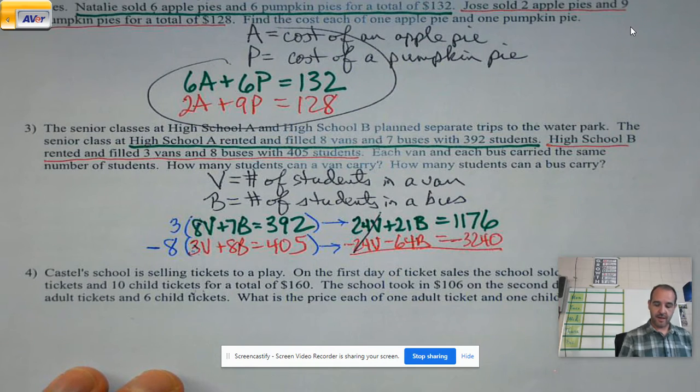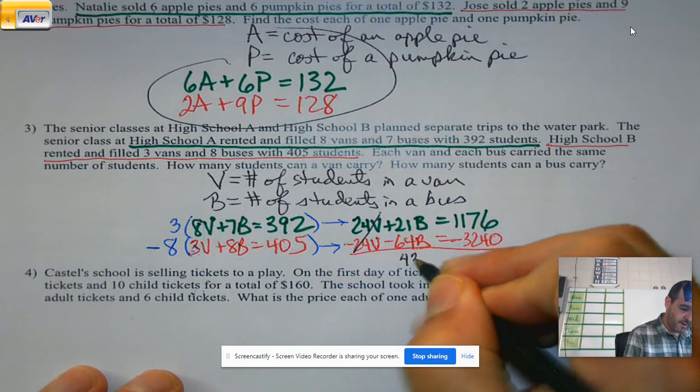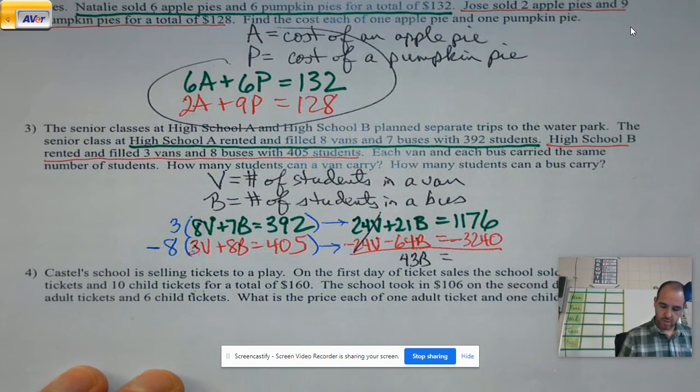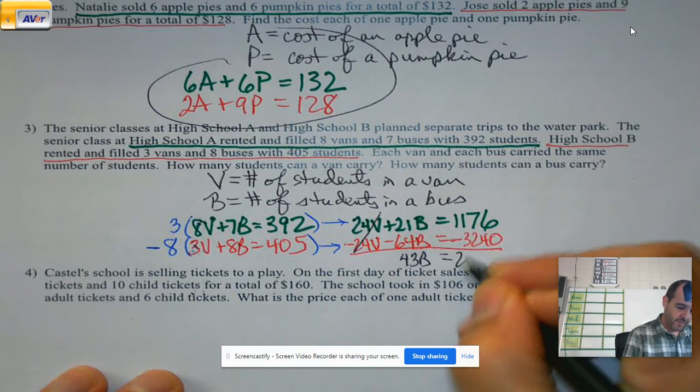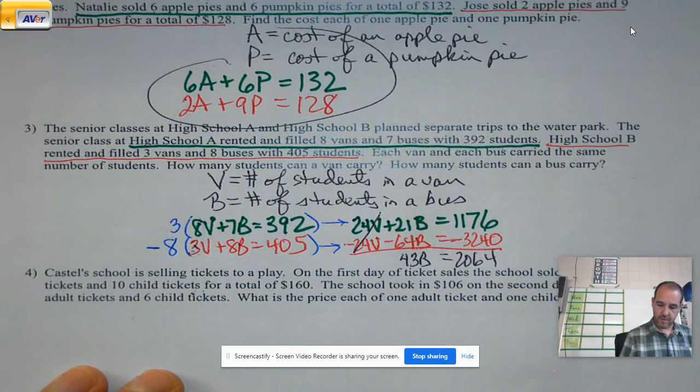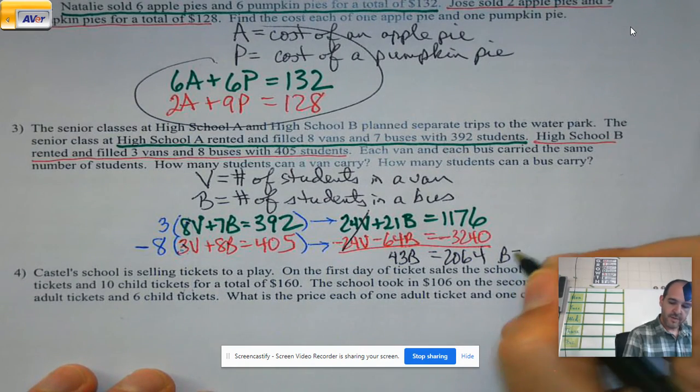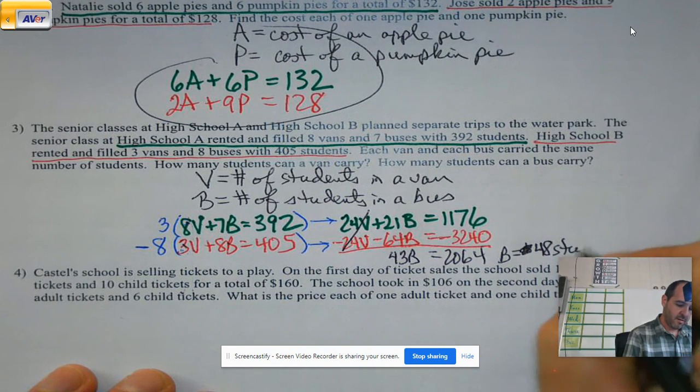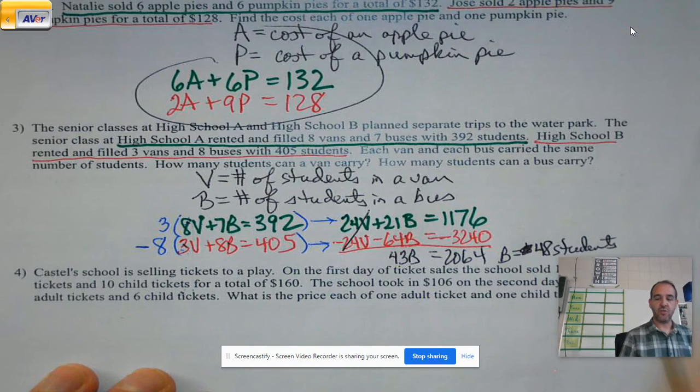That's the plan here. So we've got 43B equals 2064, and we divide by the 43. And we see that B, oops, not dollars, hard to see, I almost got sucked in. So we can get 48 students on a bus.